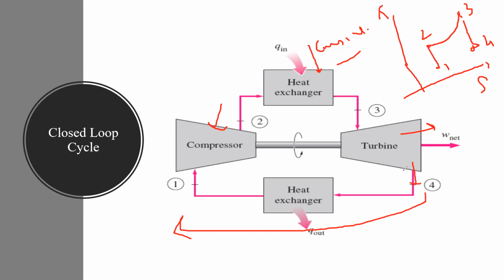The heat exchanger tries to convert this steam back to its original position, that is at point 1. So in this way I can complete this TS diagram.